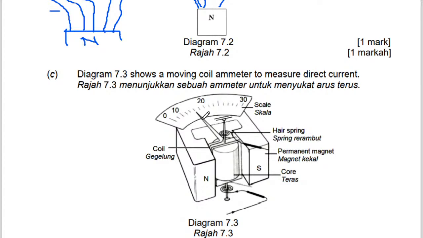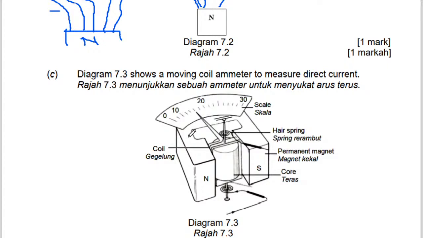So this pointer should be able to go back to zero quickly and then give a reading. If you are not using a soft iron core, when there is no current it will be difficult to demagnetize, so maybe it will still show a reading. If you use a soft iron core, when current goes in, it will be magnetized, so a resultant force is produced and it will deflect. When there is no current, it will quickly go to zero. Understand?